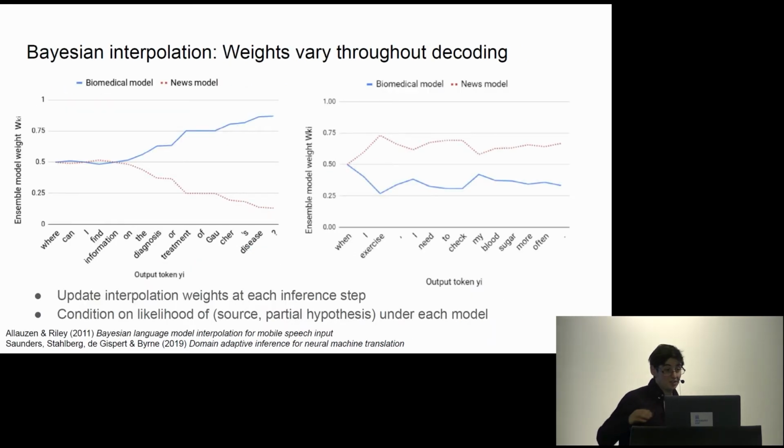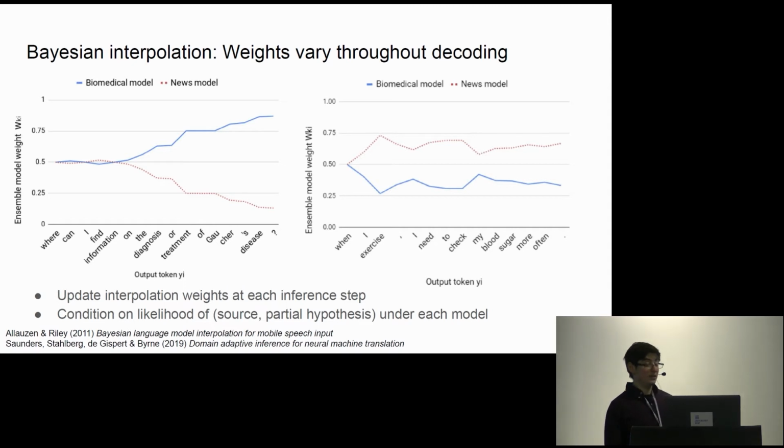The next stage on is, okay, we've said that we can have an interpolation weight on a per sentence basis. Well, what if we have, say, a long sentence, and the domain of that sentence changes during? You know, if you imagine long context translation, if you're translating multiple sentences in a row, that's very possible.